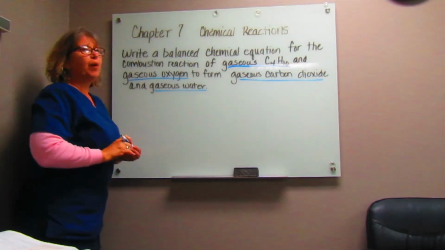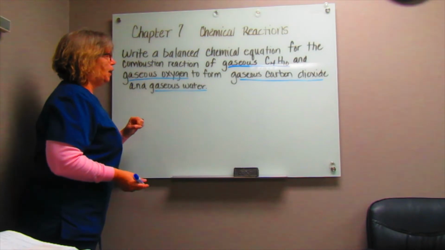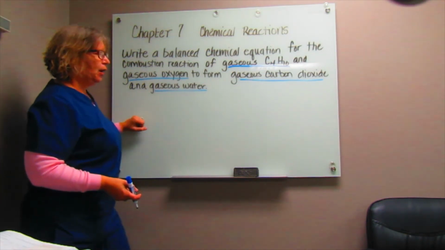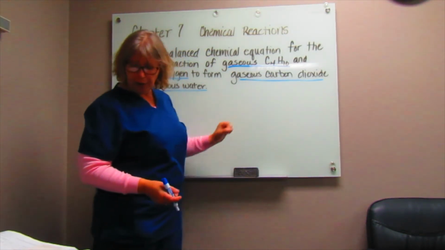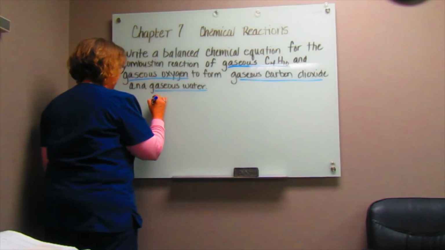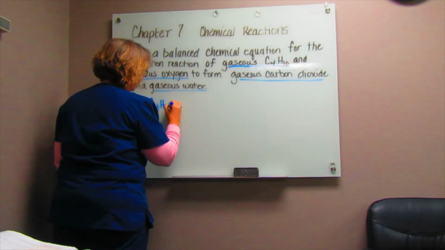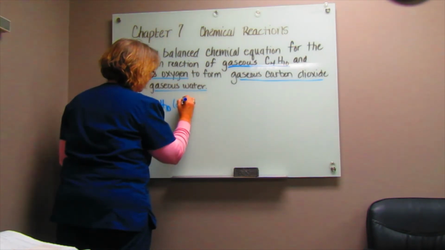So knowing what we know, we are going to put our chemical equation on the board, and it's going to look something like this. It's going to be C4H10, and it's gaseous.